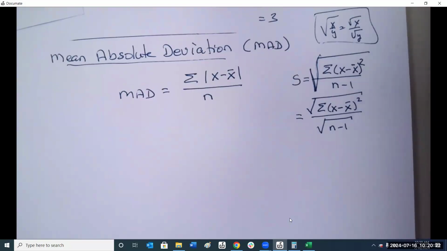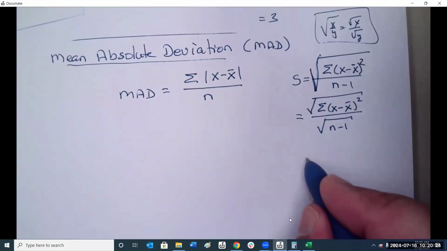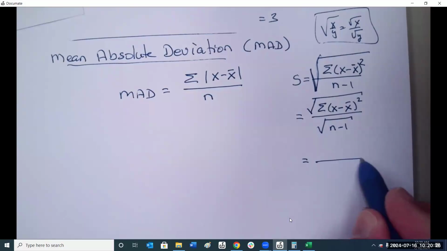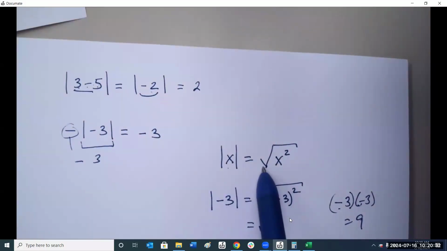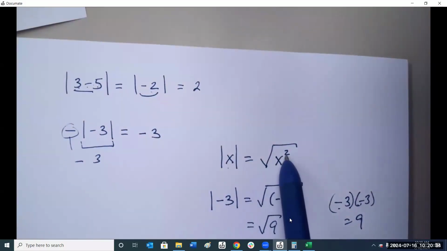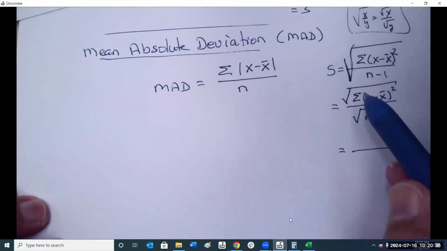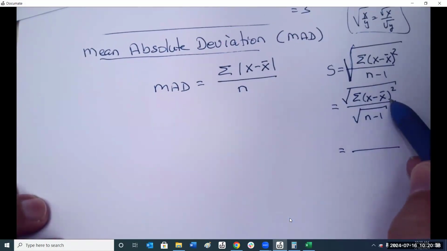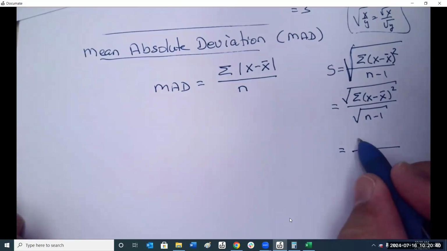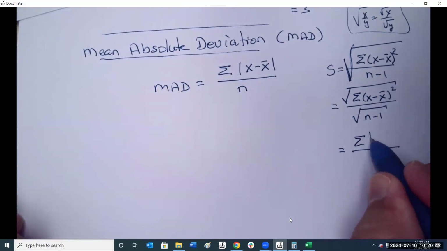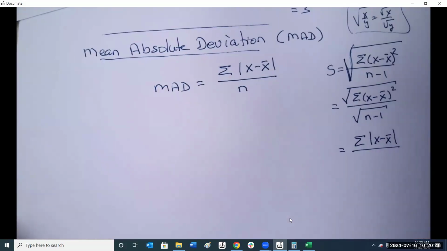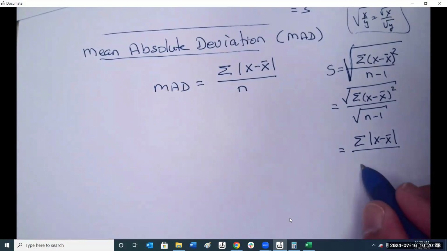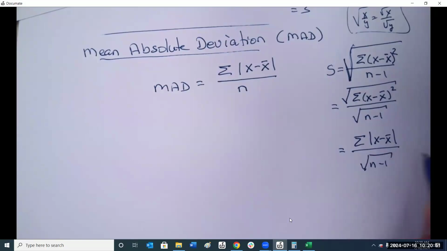That's what we did. Remember how we defined absolute value? We defined absolute value as the square root of something squared. So this is summation of the absolute value over the square root of n-1.